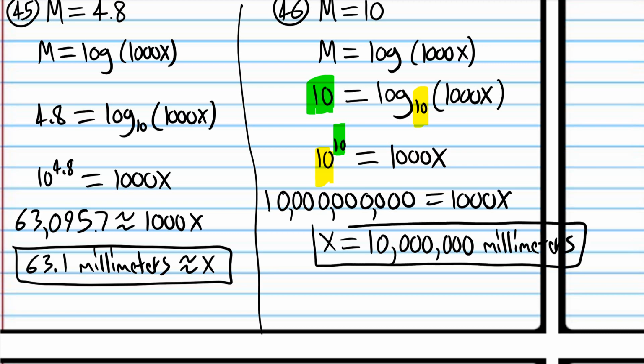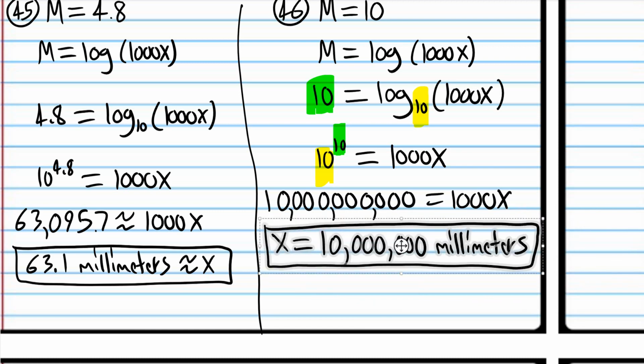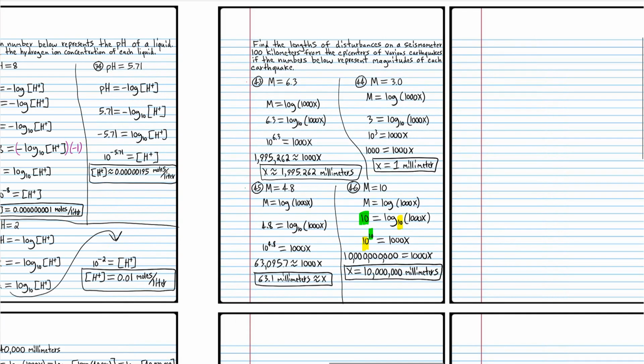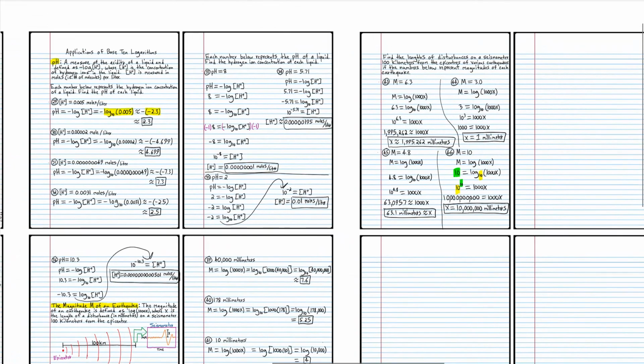And if you convert that to feet, you can see that that earthquake would probably destroy the whole world. If we convert that to feet, that'd be roughly maybe 30,000 feet disturbance. So the world would pretty much be destroyed. So we got that one right. Good job. Okay, that was the class today.